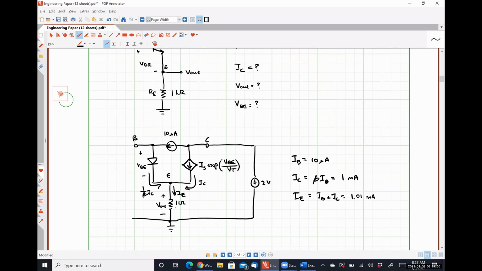Now that we know IE, it's simply 1 kilo ohm times IE, which is 1.01 volts.